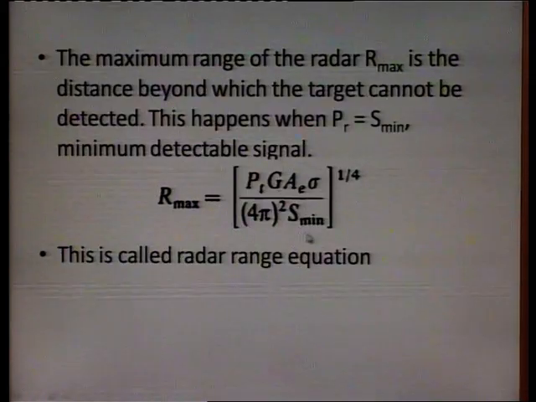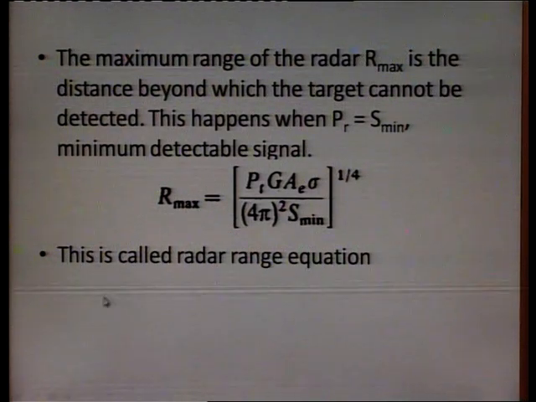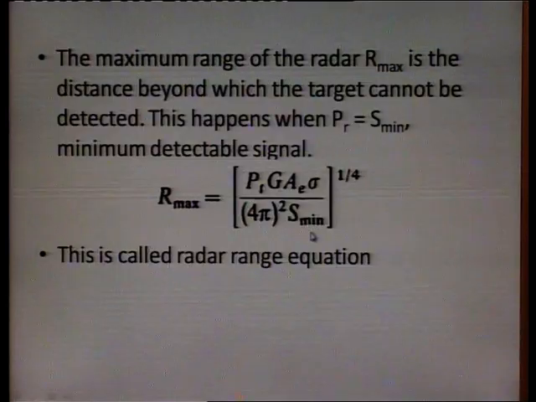So, the minimum signal which can trigger the receiver circuit on is called S minimum, and this is the signal which gives you the maximum range. The lesser the S minimum, the more will be the range, as it is clear from here that it is inversely proportional to R maximum, meaning the signal will be lesser if the target is further far away. So, this is the maximum range of the radar for which the signal is minimum.